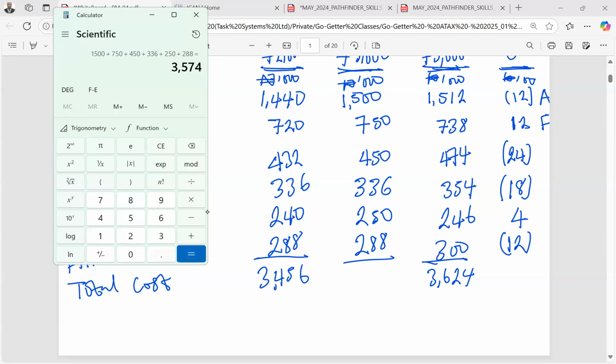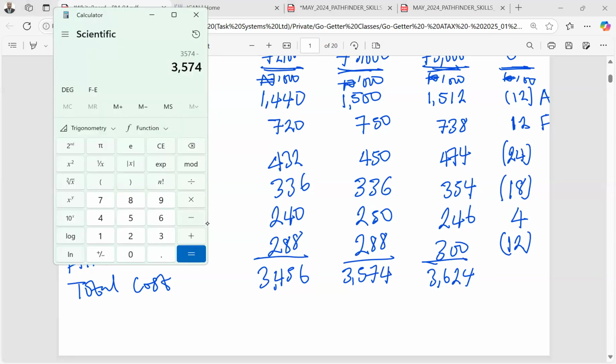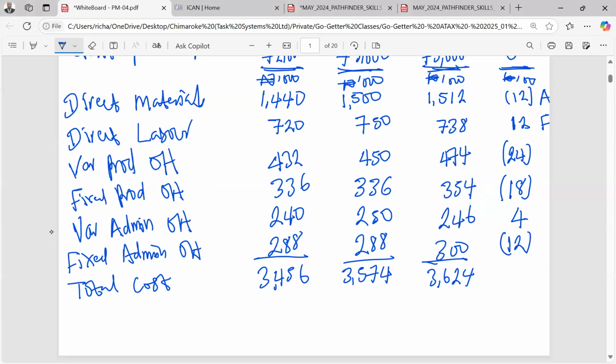That gives you 3574. What's the difference? If you minus it from 3624, you have 50.